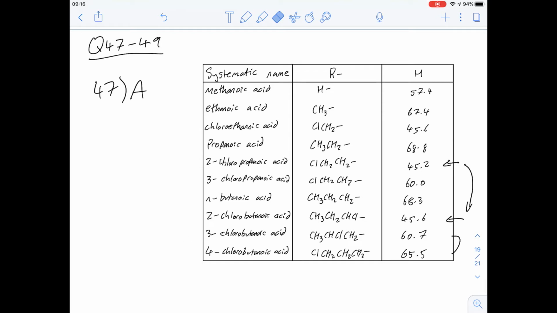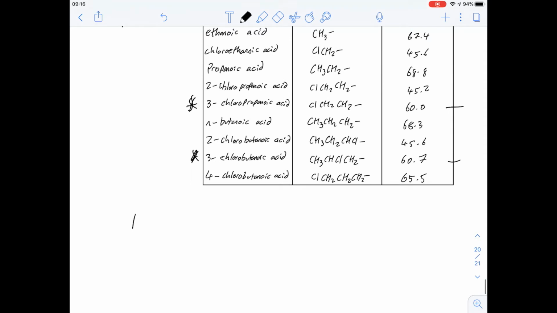If we compare 3-chloropropanoic acid and 3-chlorobutanoic acid, the values here are 60 and 60.7. So if we added another carbon, we'd expect 3-chloropentanoic acid to have a value slightly higher than 60.7. So A is going to be slightly higher.